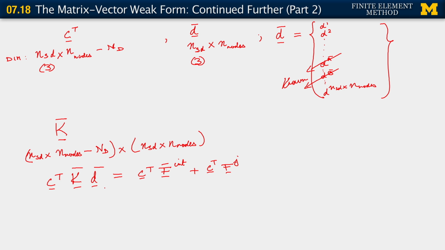Okay? So what we do is we simply move the columns from the K bar matrix that correspond to the known degrees of freedom from the D bar array over to the right hand side.